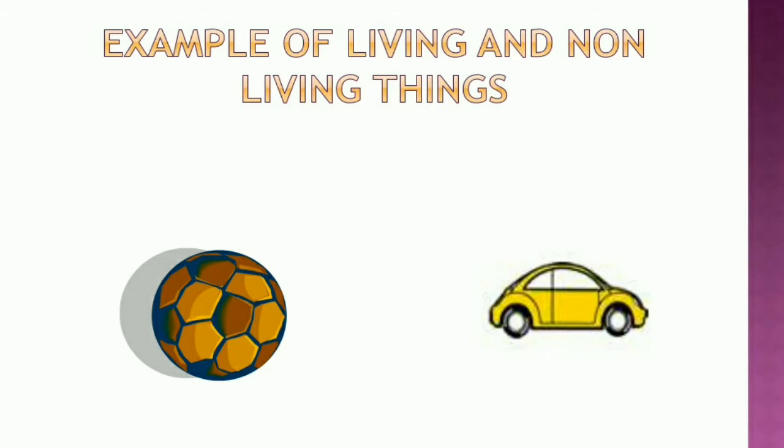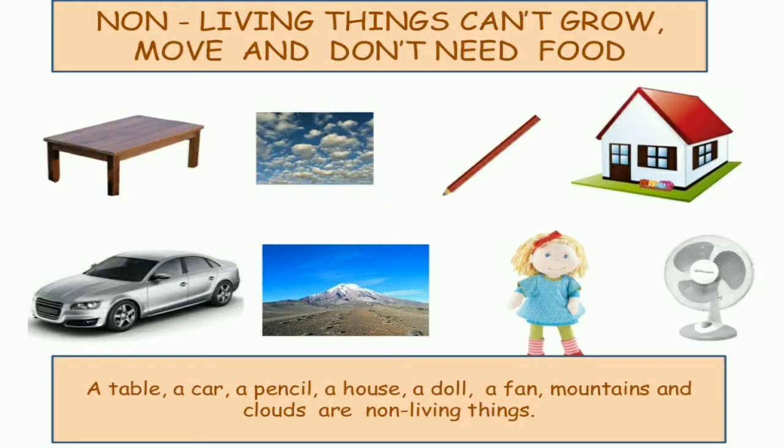Here we can see a ball and a car. Both are non-living things because they can't grow. They cannot eat, and they cannot give birth to young ones, and that's why they are non-living things.